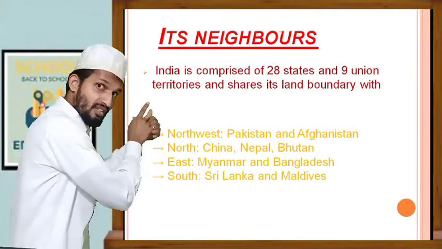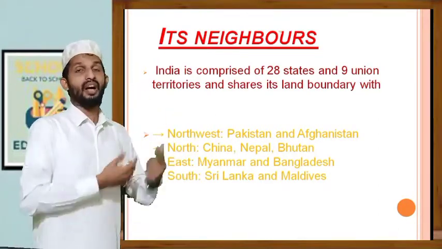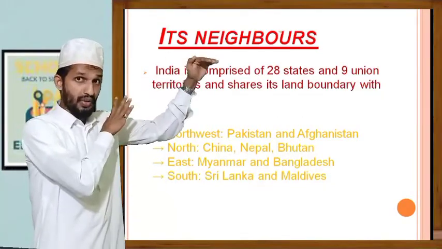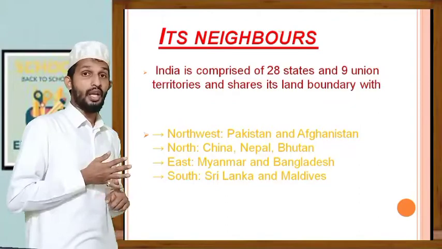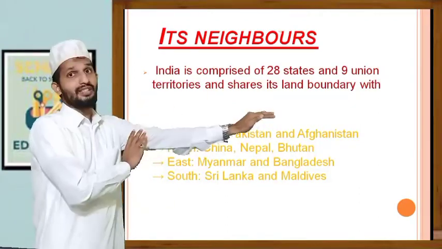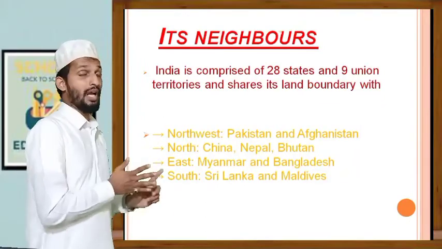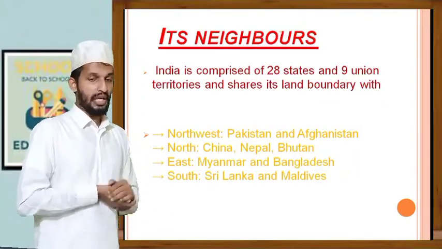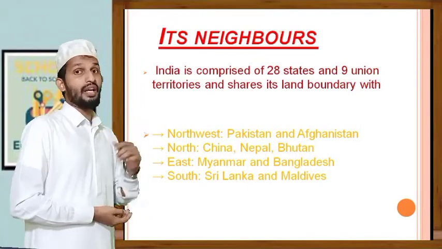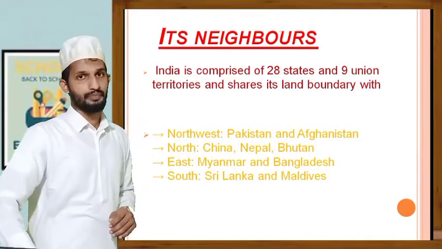In the northwest, we can see Pakistan and Afghanistan. In the northern side of India, we can see China, Nepal and Bhutan. In the eastern side, we can see Myanmar and Bangladesh. And in the southern part of India, we can see Sri Lanka and Maldives.